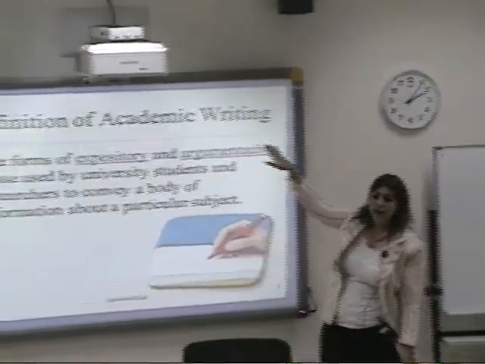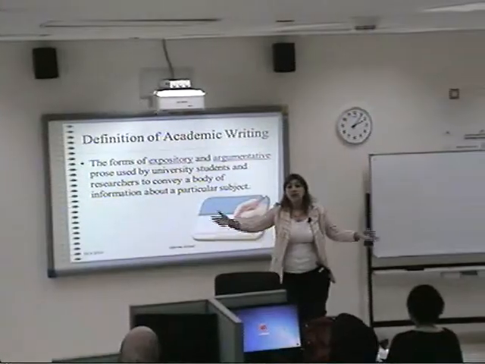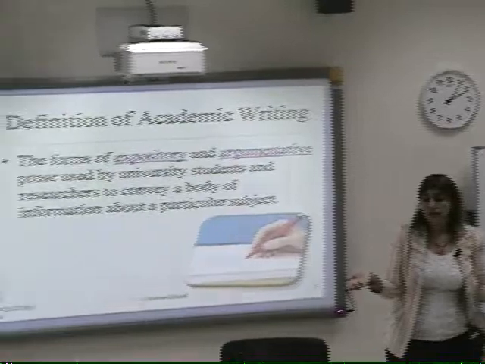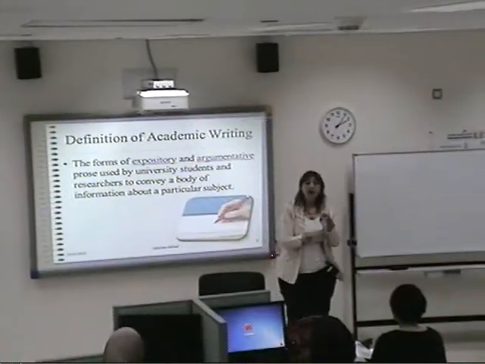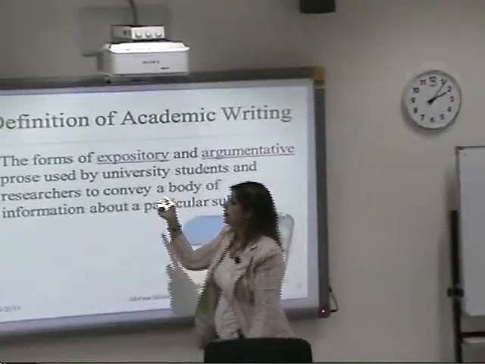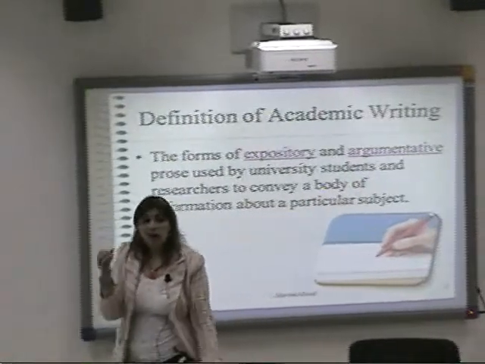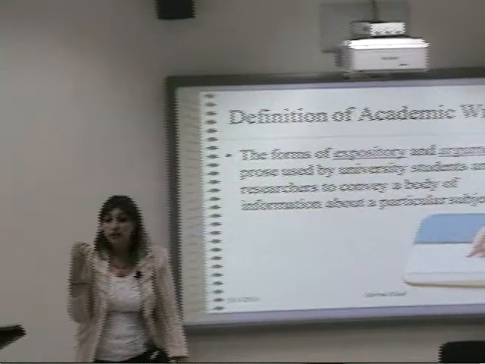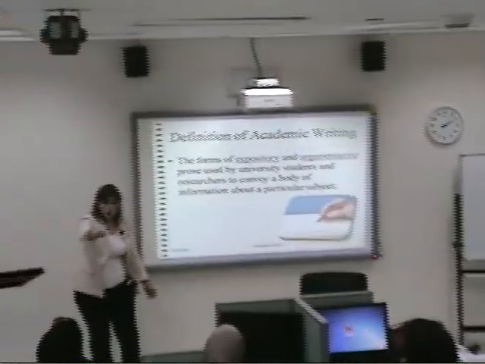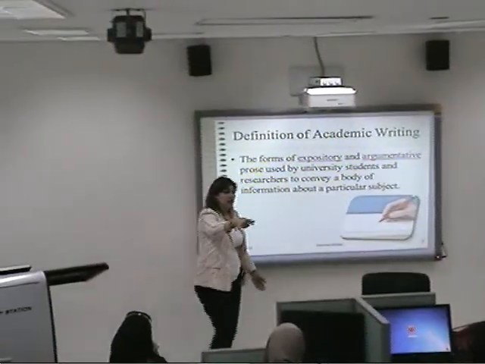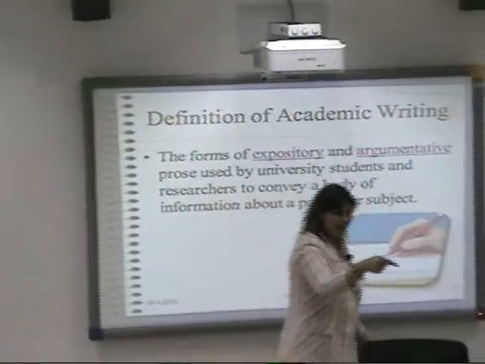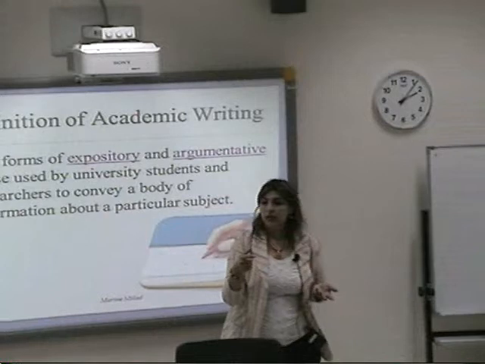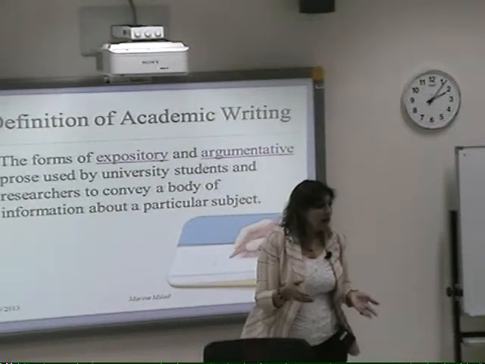What is academic writing? From what we have discussed, what's academic writing? It's formal. It's a type of writing, a prose, that is needed by you for your academic studies.